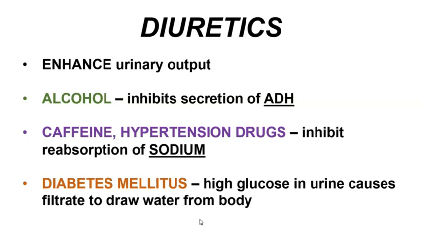That pulls water out of the body and into the filtrate. So someone with diabetes mellitus would be losing a lot of glucose to their urine, but they would also be losing a lot of water to their urine as well. So in this case, glucose is referred to as an osmotic diuretic because it's drawing water from the body and putting it into the filtrate.